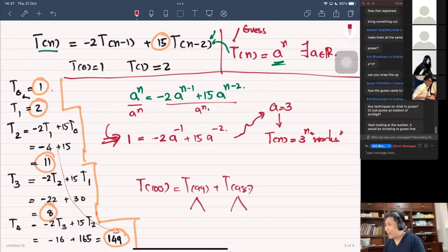So you expect some exponential number of terms. You're kind of doubling the number of terms every time, so you would expect it to grow exponentially somewhat. So this is the guess.